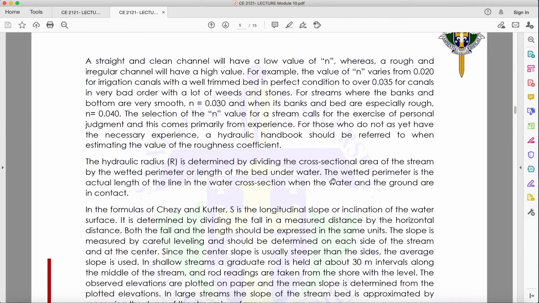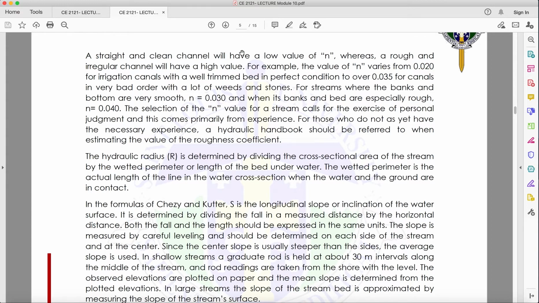A straight and clean channel will have a low value of N. As the channel becomes more irregular, the value of our roughness coefficient increases. But if it is a straight and clean channel, the roughness coefficient becomes lower.